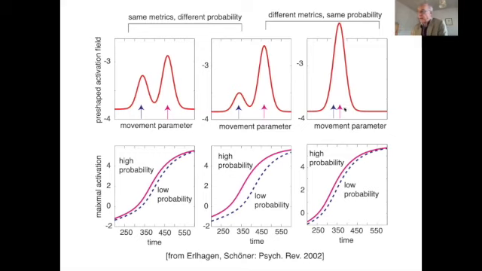Essentially what happens here is that the low probability choice gets a boost from the high probability choice. So it's lifted up here from the neighbor, and that makes that choice faster. And it's the low probability choice that becomes faster rather than the high probability choice becoming slower. So it shifted here to the left, and you can see that if you compare this to that, you see where that lies.